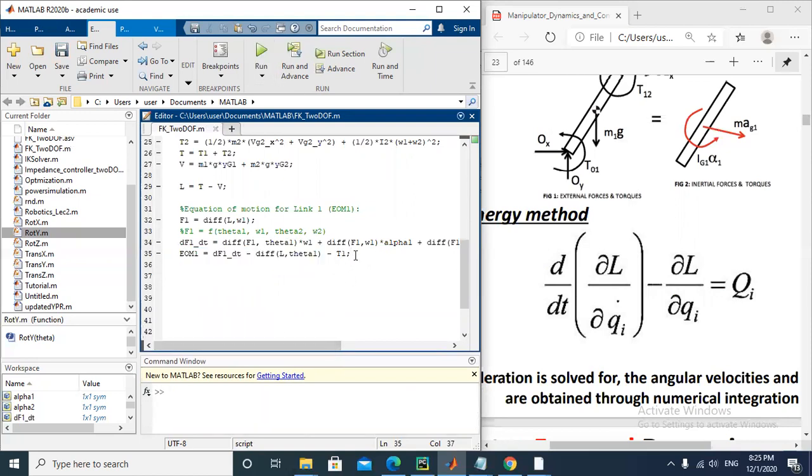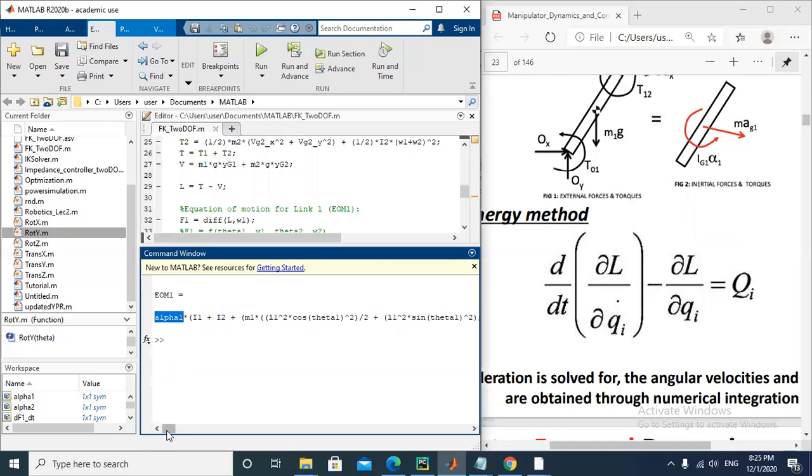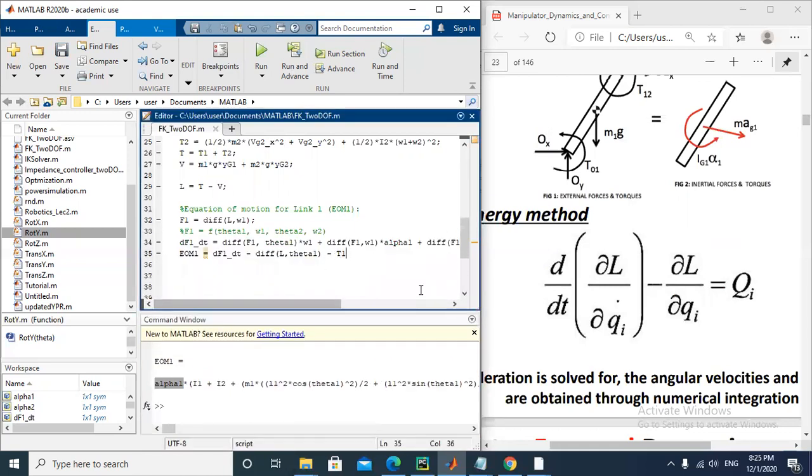If you run that, the equation of motion will have the acceleration, and you'll see that you have alpha 1. This is basically nothing but m x double dot plus k x, or plus b x prime if you have damping.